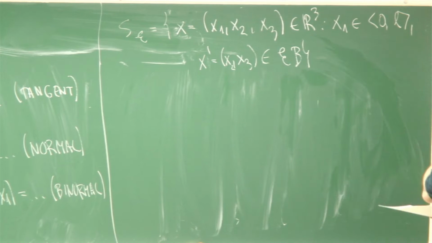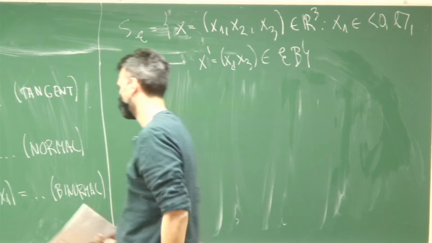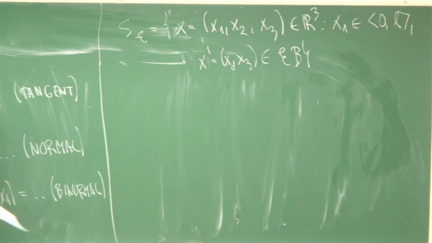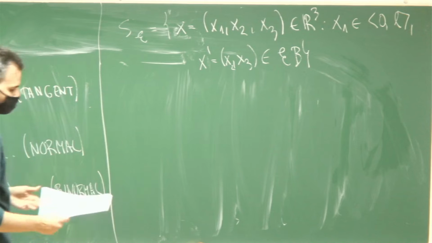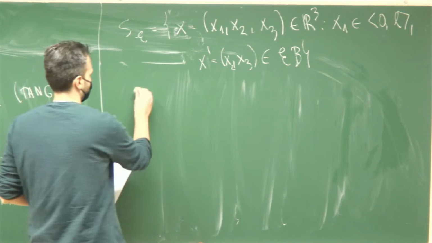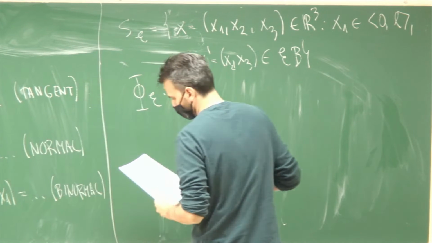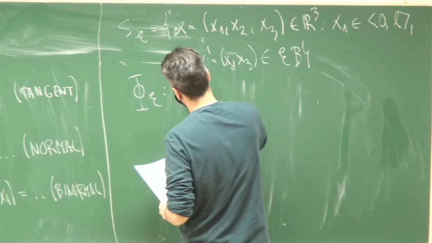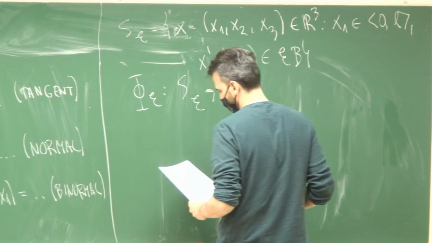is from epsilon b. This notation we saw in a couple of papers, more or less standard, so I will not write it each time when I write b or something like this. You know what it means. So we define this big Phi that goes from S epsilon to R3 in the following way.